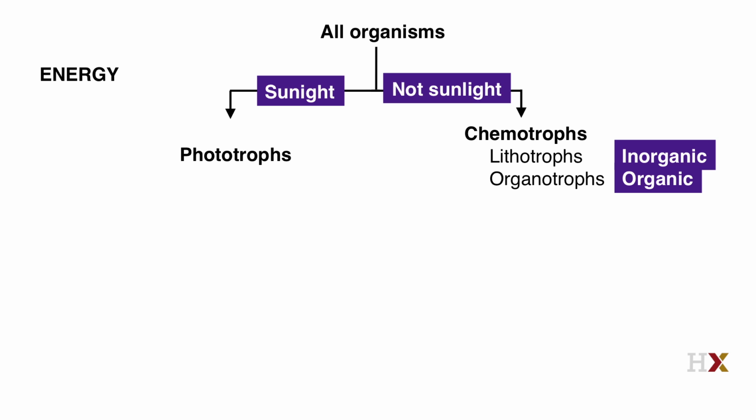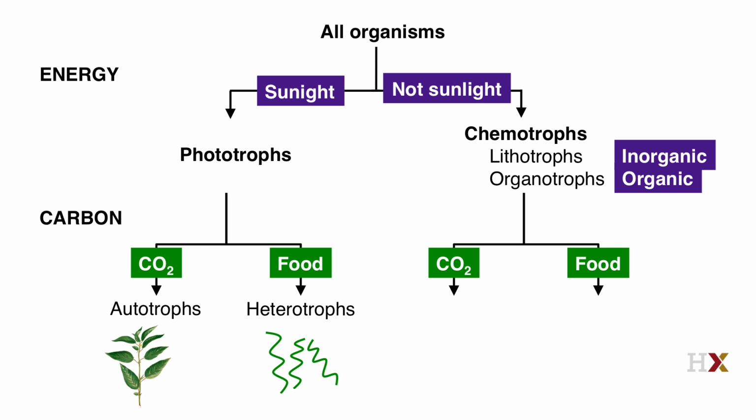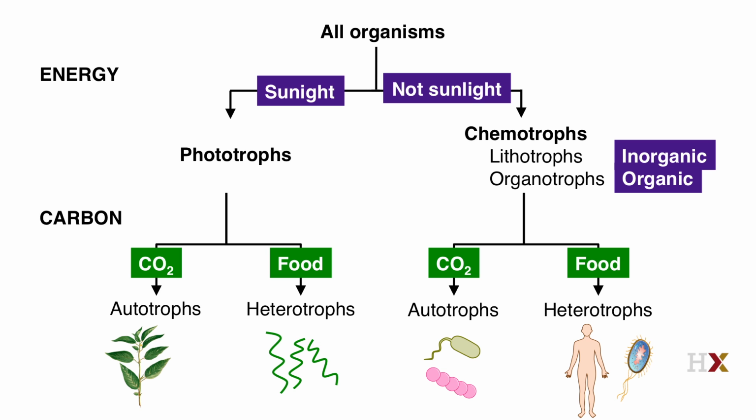And among chemotrophs you find lithotrophs using inorganic molecules as fuel, and organotrophs that extract energy from organic molecules. To obtain carbon for building biomolecules, autotrophs fix carbon dioxide, while heterotrophs rely on organic molecules.